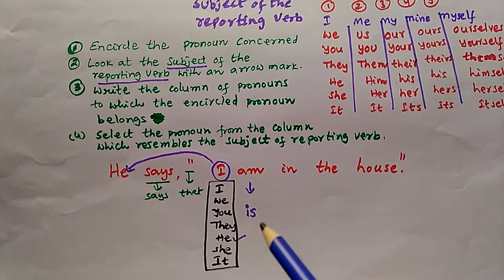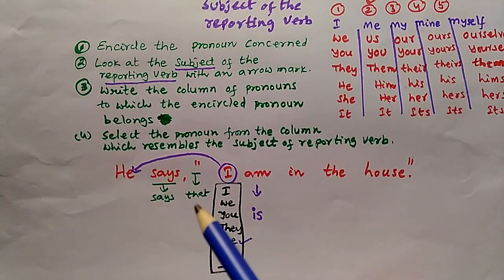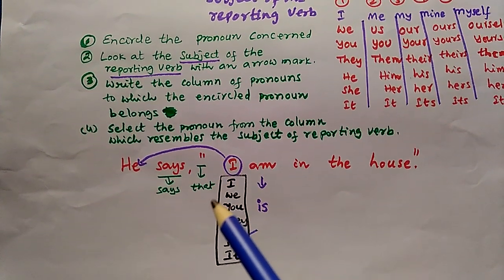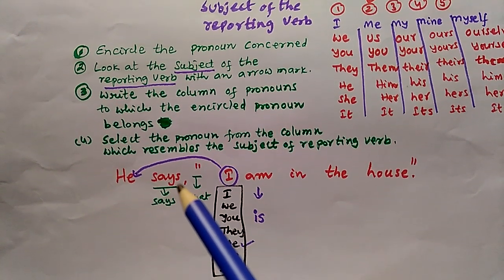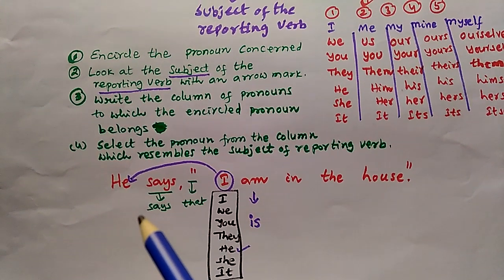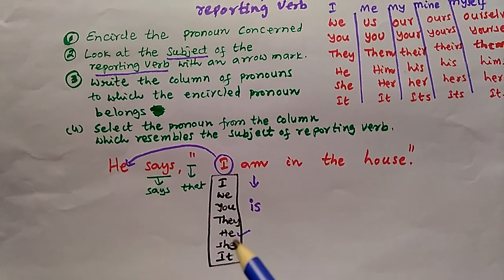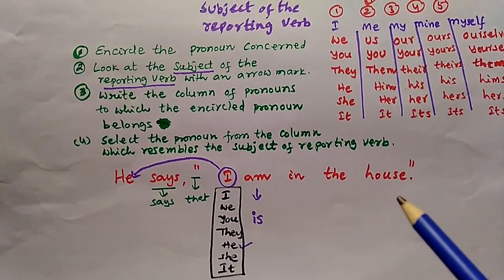So we have to write is here. He says that. Inverted commas are removed and that is written, and says remains says. And by doing these changes we get: he says that he is in the house.